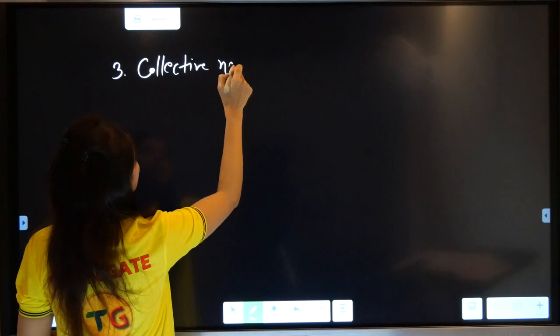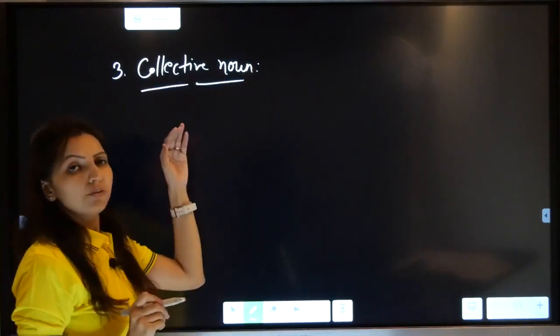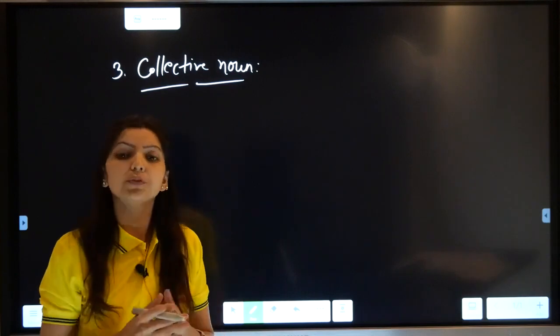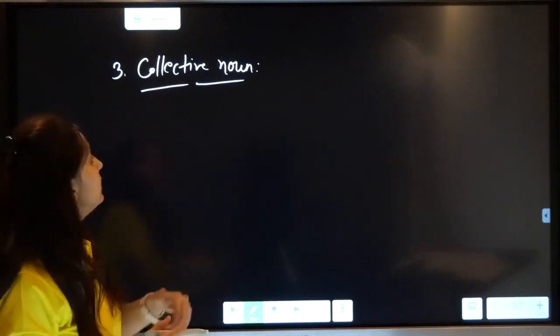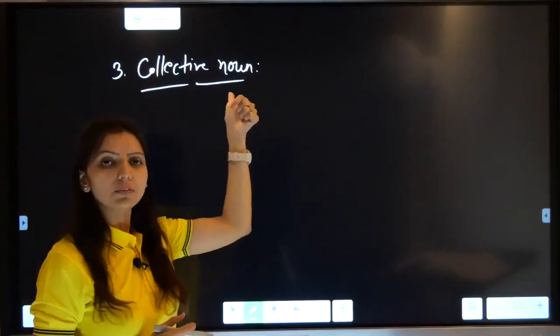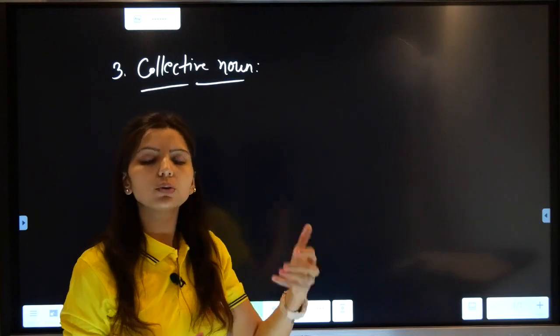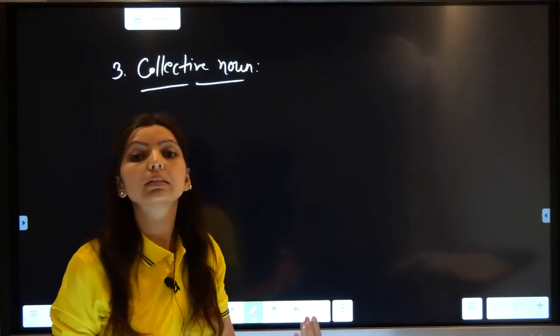Now we will be covering next type, that is your third type, and that was collective noun. Now, which type of nouns, which type of name will fall under this category? Okay, let's understand this. So as its name indicates, collective noun, this category will be involving all those words which mean more than one person.